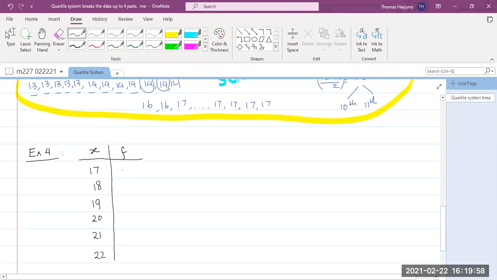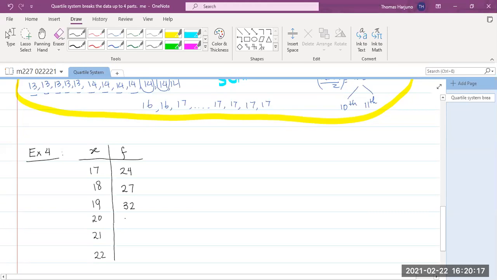Let's say I have 24 here and 27 here, and then I have 32 here.